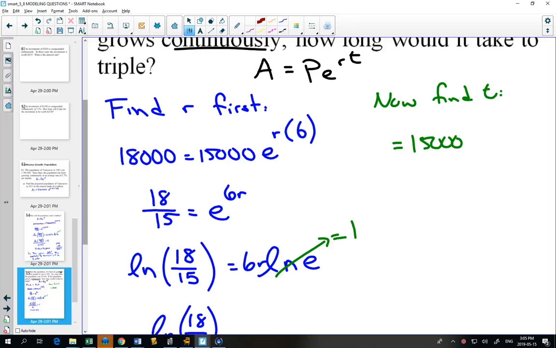Usually people get stuck on using the number that's there. So the 1500 was given, or the 1800 was given. I would choose 1500 because it's easier to triple. E to the r, which we now know is this, and we can solve for t. Now the reason it doesn't matter what number you choose is because if you now divide by 15,000, you'll just get 3.